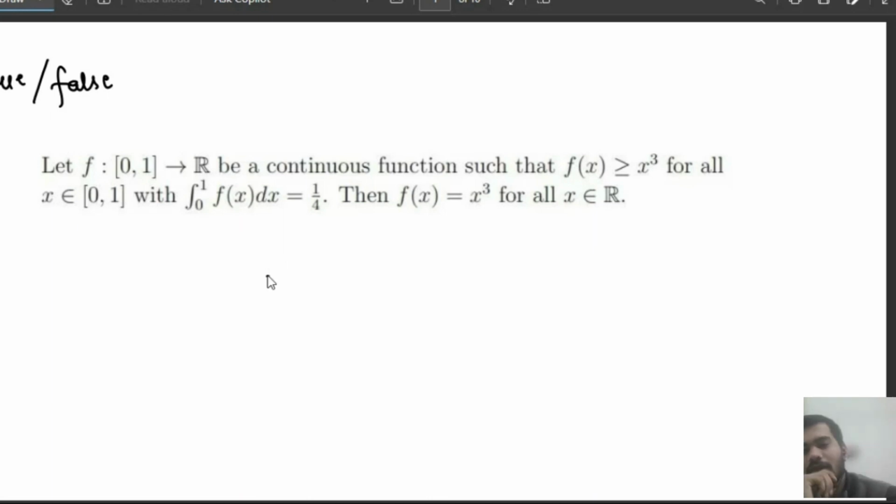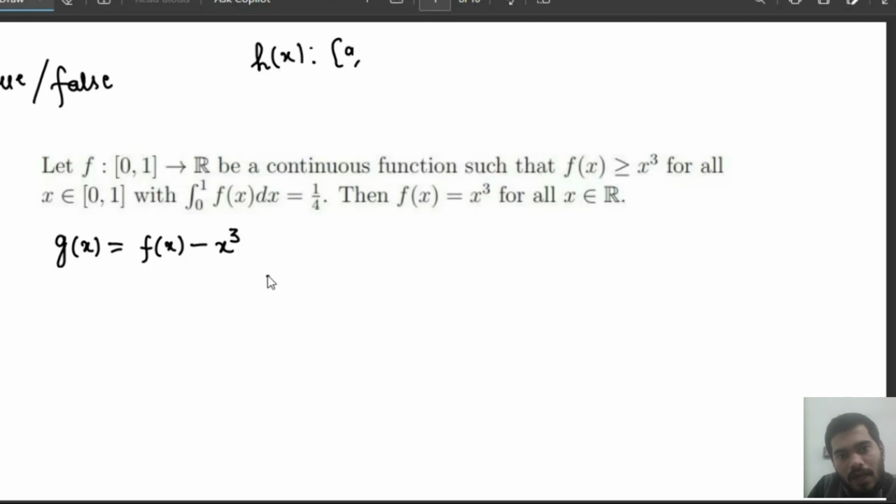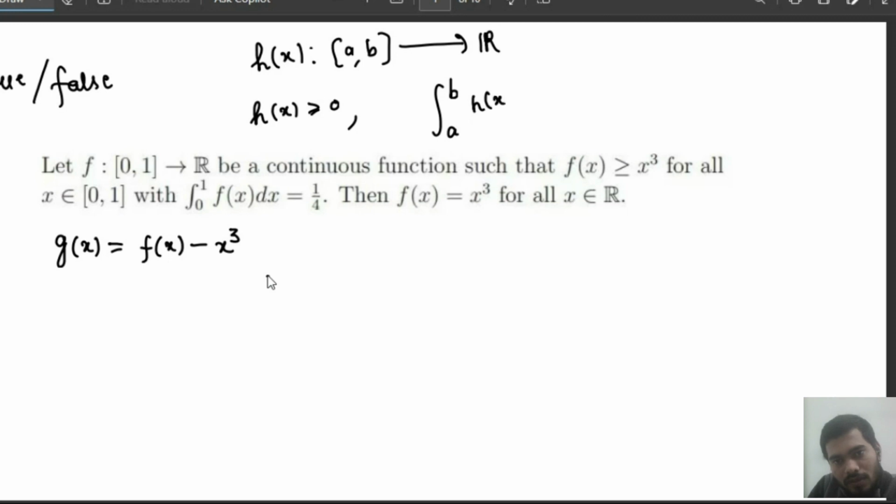In the problem, it is given that f(x) is greater than or equal to x cubed. So let me define g(x). Tell me how many of you know the property that if h(x) is a function from an interval to R such that h(x) is greater than or equal to 0, and this condition is also given, then h(x) equals 0.